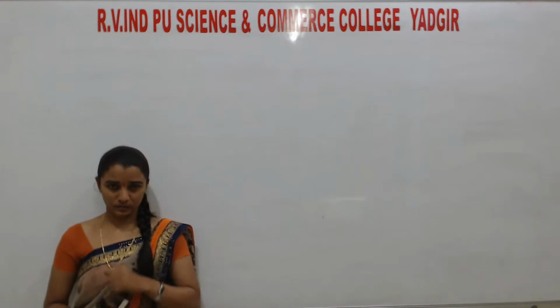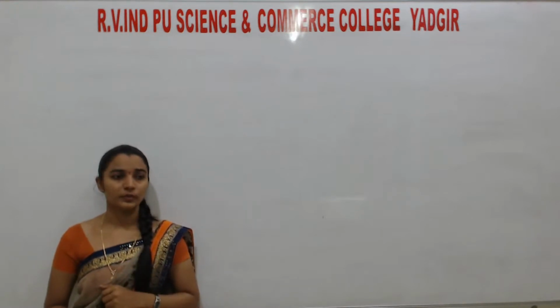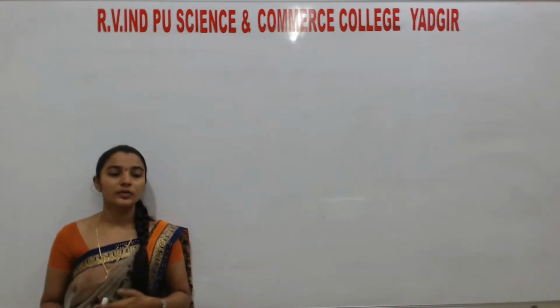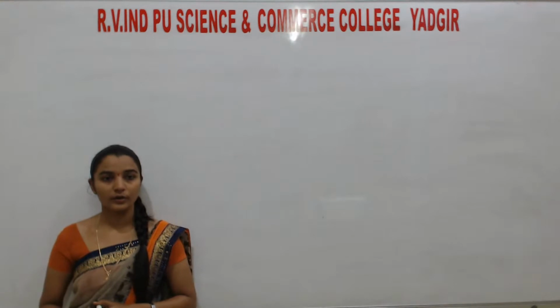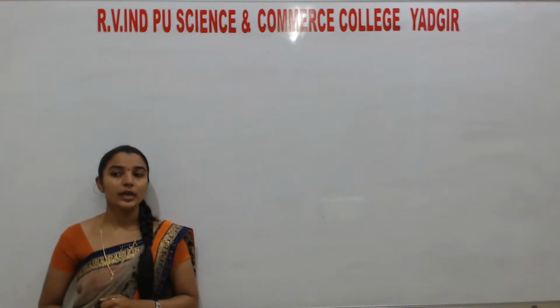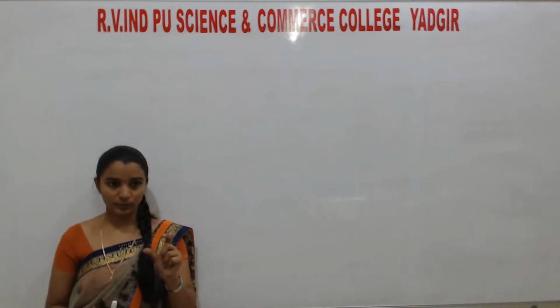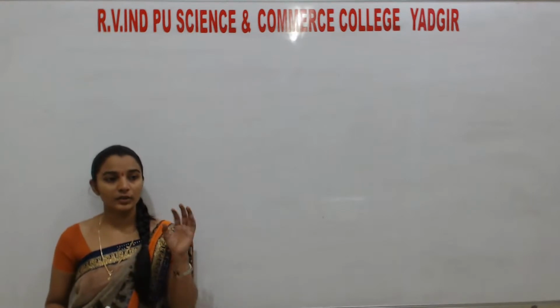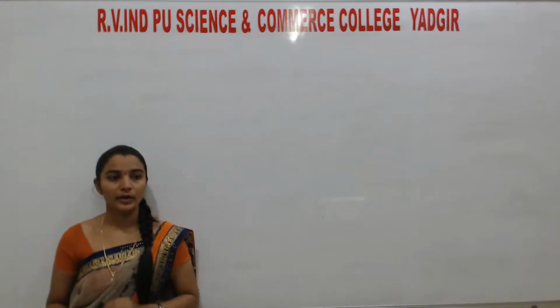In cyclic compounds, there is an interconnection between the first and the last carbon atom. They resemble the general formula CnH2n, that is alicyclic. Those cyclic compounds are again classified into alicyclic and aromatic.